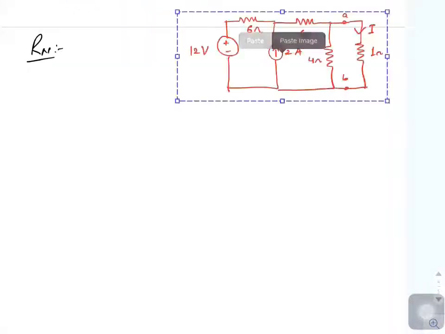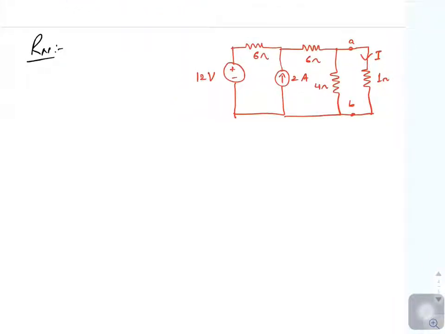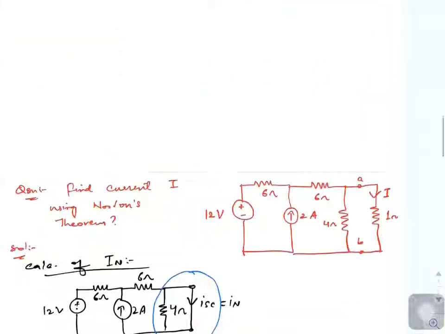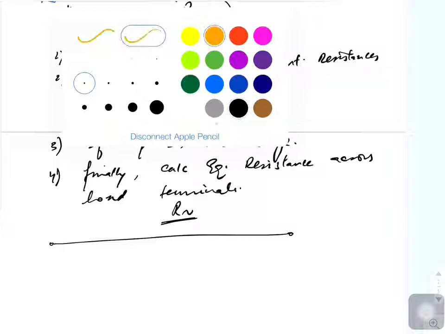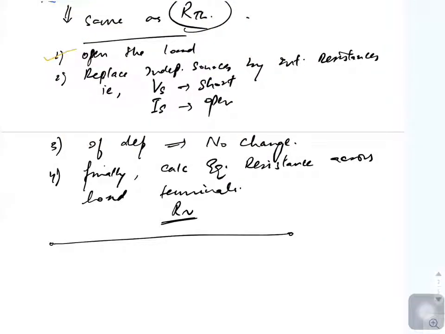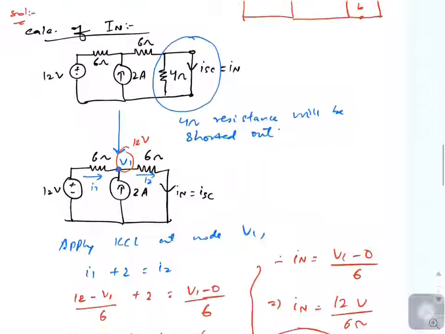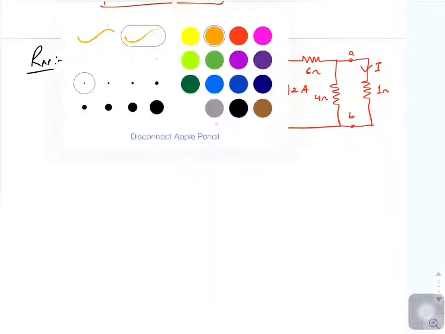So let me copy the diagram. So apply all the steps that I told you here. You had to open the load, you had to replace the independent sources by their internal resistances, and you have to find the resistance across the load terminals. So let us apply all those steps here.